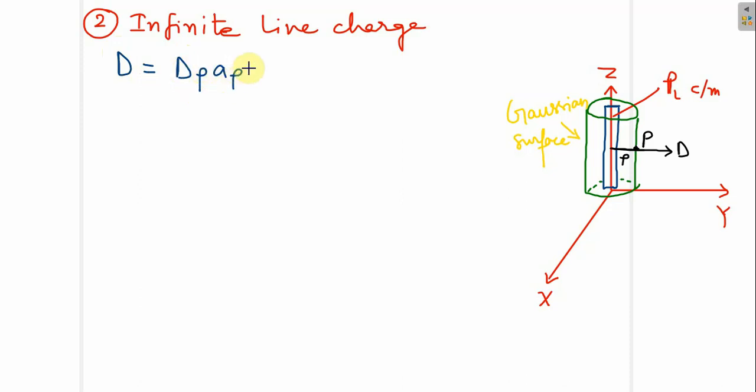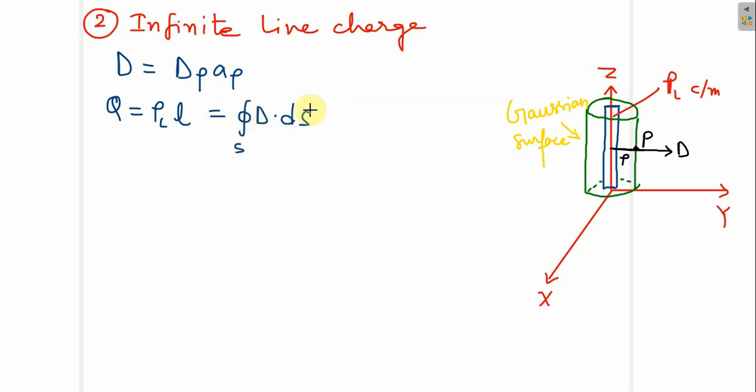Okay, so applying Gauss law to the arbitrary length of the line. If we want to apply the Gauss law to this arbitrary length of the line charge, then we know that Q equals rho L into L, and Q is also equal to the integral of D dot ds, as we have seen earlier.